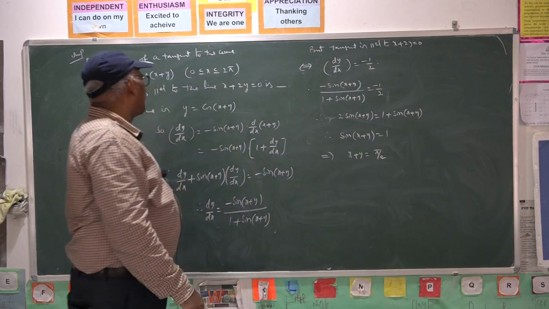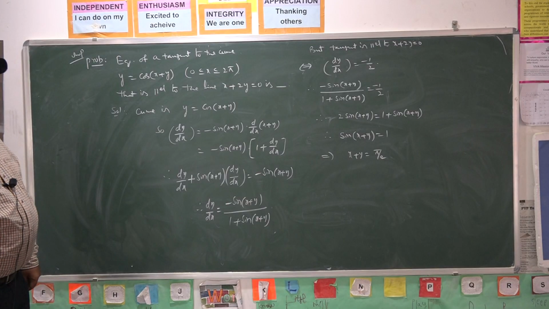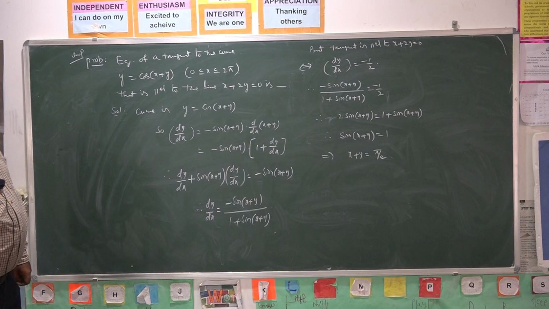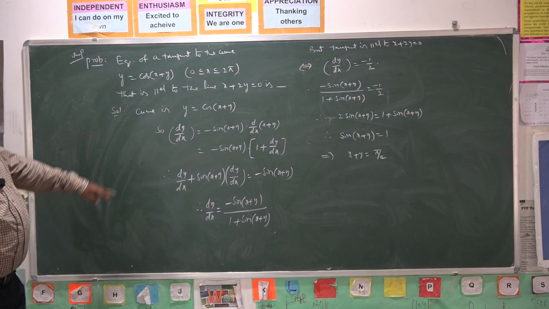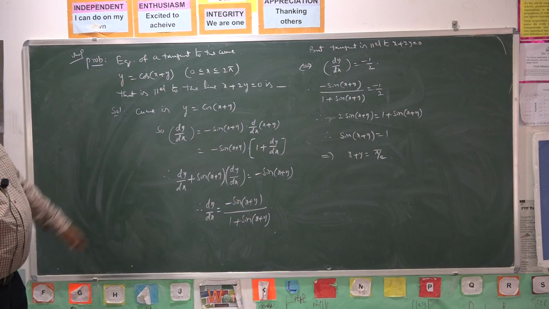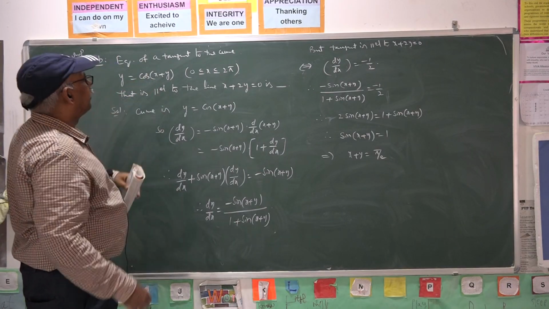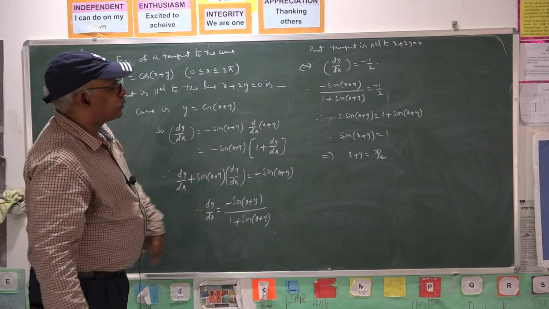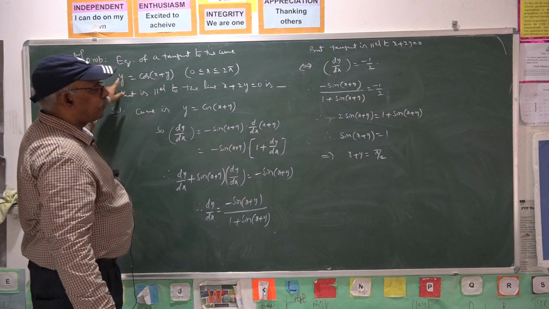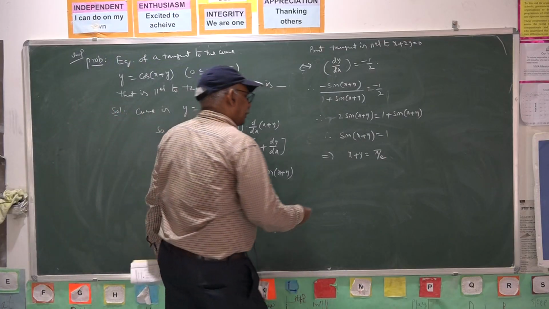So the required point is here. For x plus y is pi by 2, the point on the curve is y equal to cos pi by 2, y is 0.